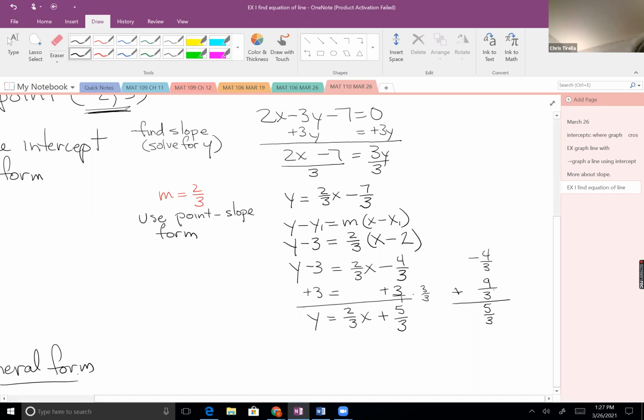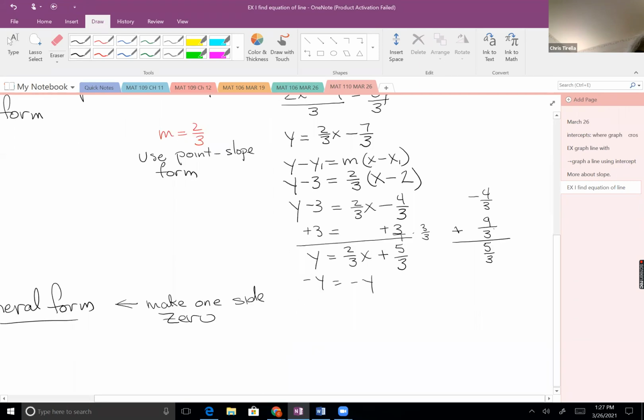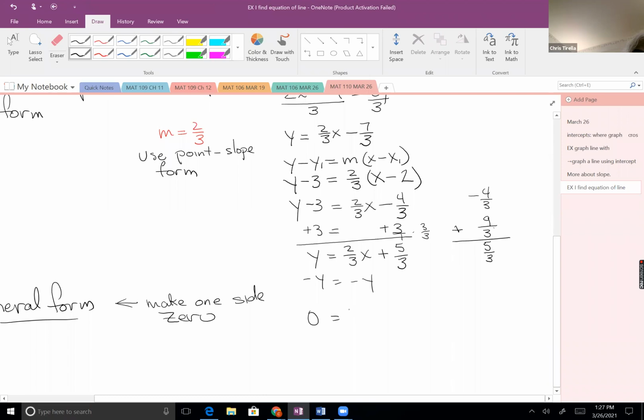Now for general form, we want to make one side 0. And so if I subtract y from both sides, I get 0 equals 2/3 x minus y plus 5/3.